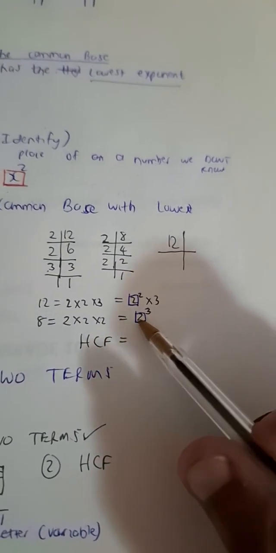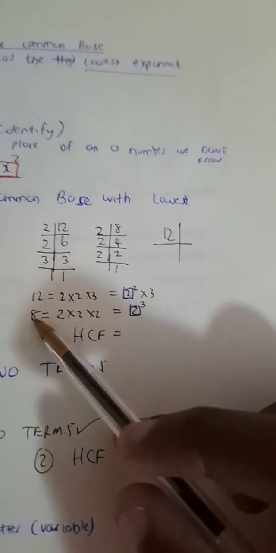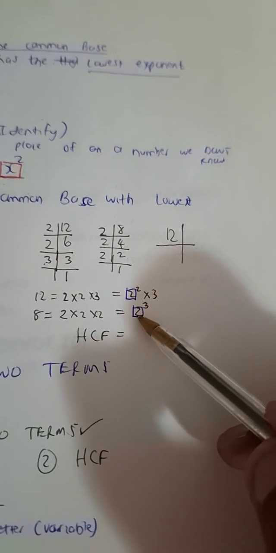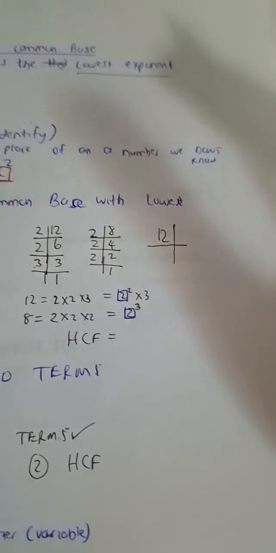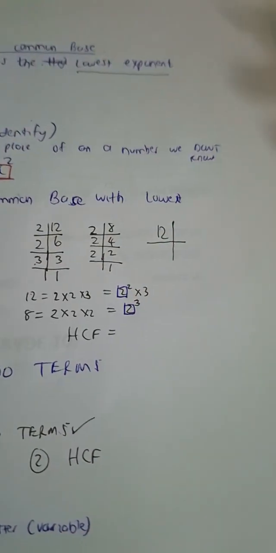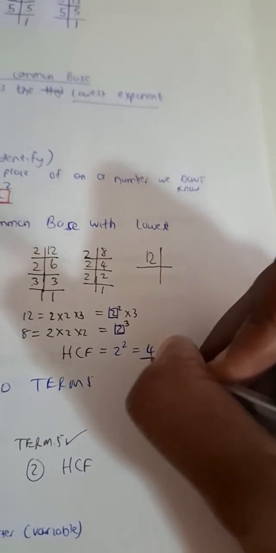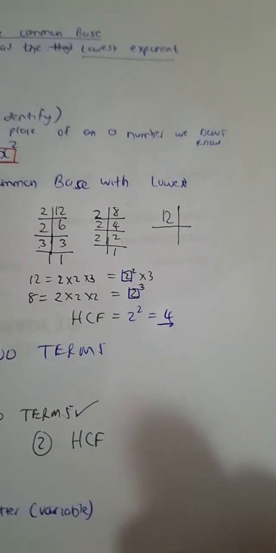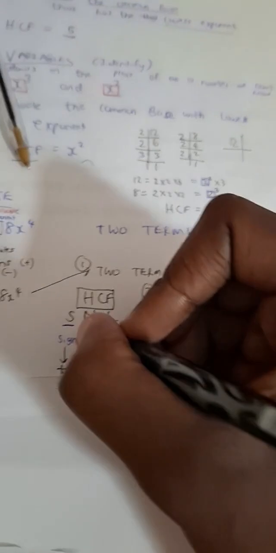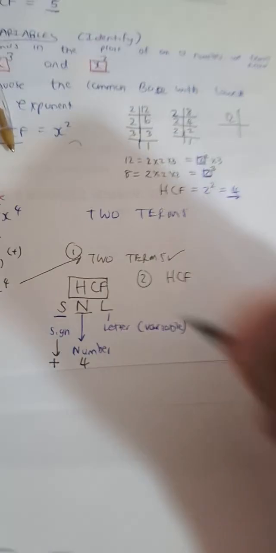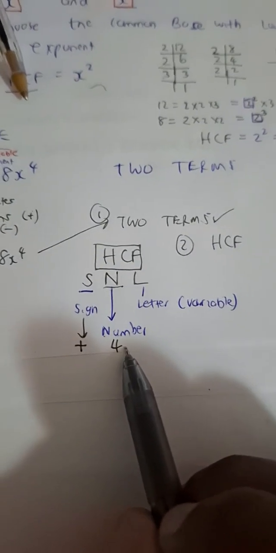No, because base 3 does not feature as one of the prime factors of 8. So which base has the lowest exponent? It's this one, the 2 squared. So we're going to write 2 squared, and we know that 2 squared is equal to 4. So now we can clearly write down that our highest common factor number is 4.